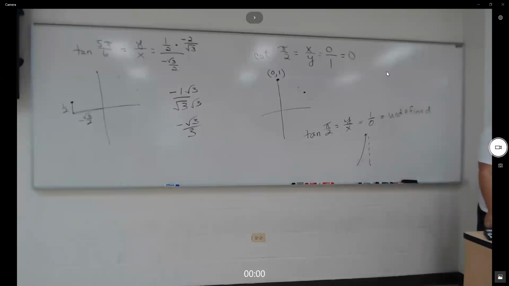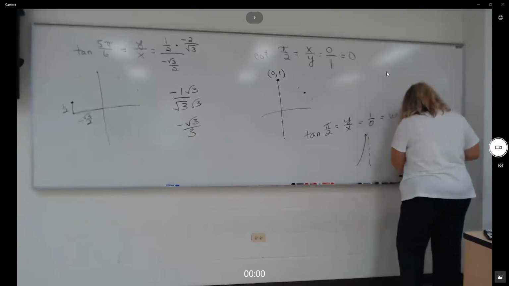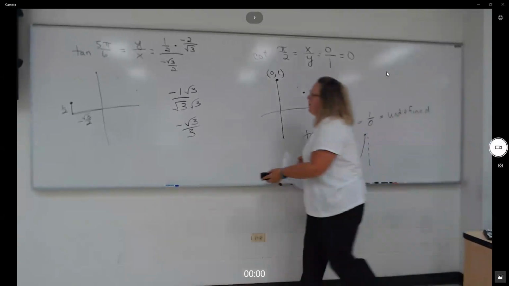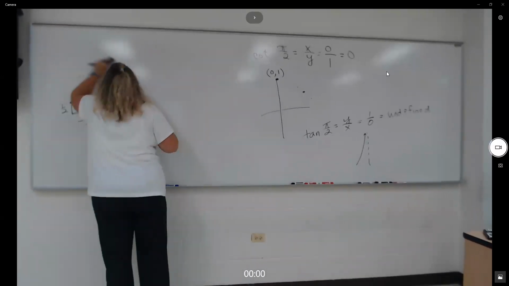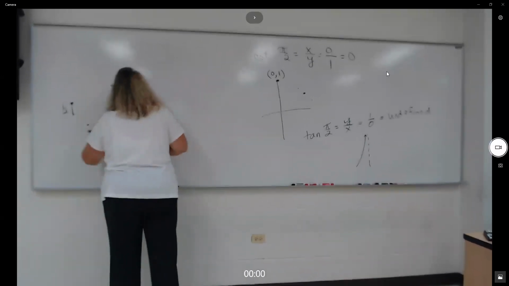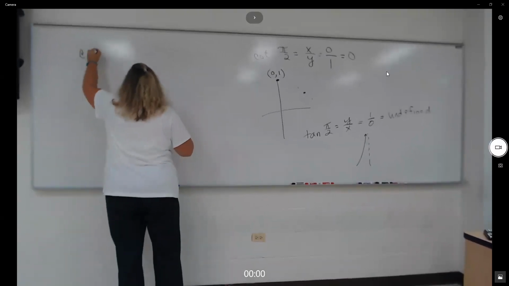Okay, let's do this one. Let's do cosecant of 7 pi over 4. Do this one and one more.